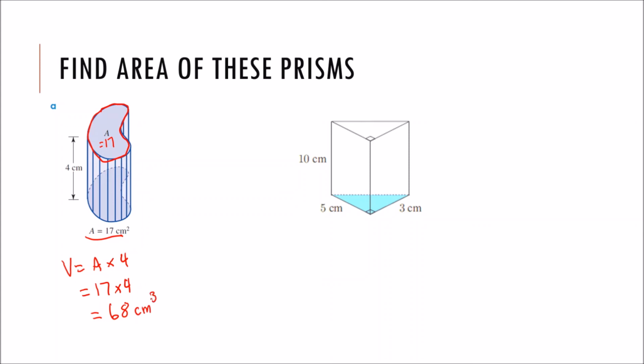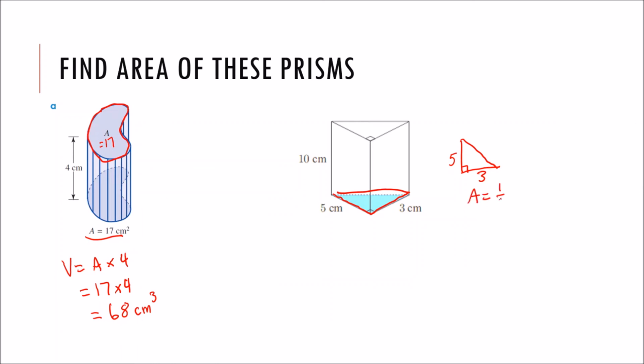Our next one, we have our front face down the bottom is a triangle, right? And it's a little bit hard to see here, so I'm going to redraw that triangle like this, and I've just shifted it around. So this here is a 3, this is your right angle, and this here is your 5. If I have a triangle like this and I want to find the area of this shape, how would I do that?